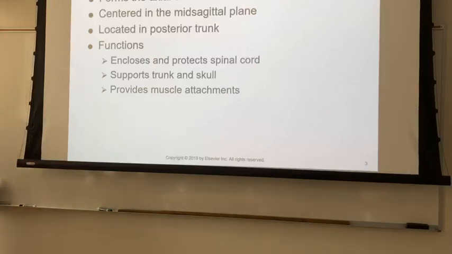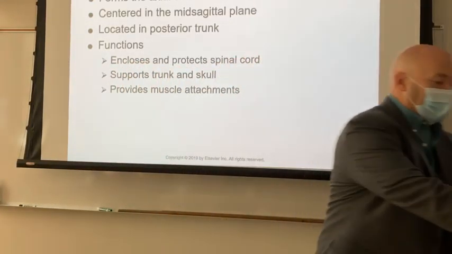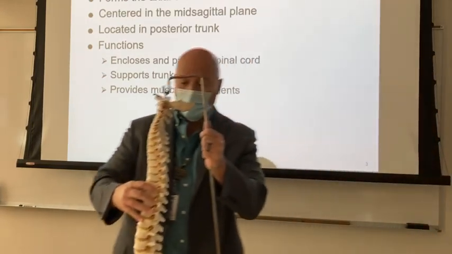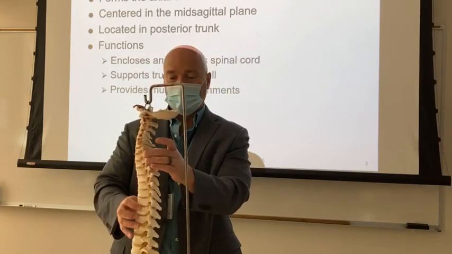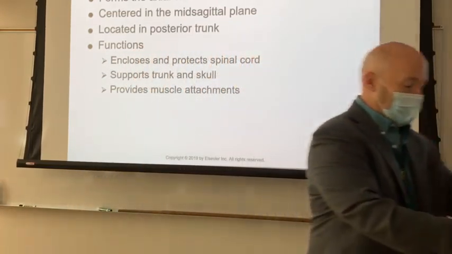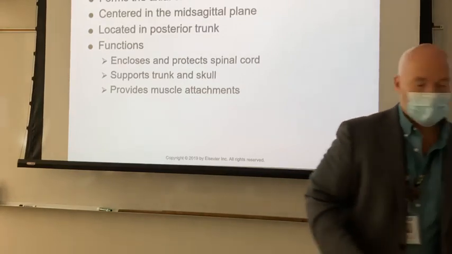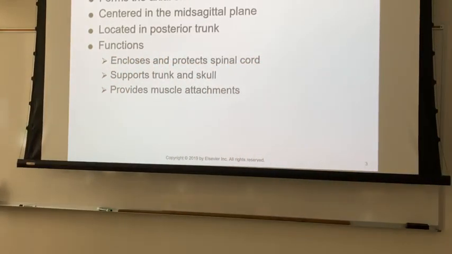It supports the trunk and the skull, and then it provides attachment for muscles, which is what all of these projections off the posterior portion of the spine are all about. These things that stick off to the side here, and the things that stick off to the back here, are just muscular attachments. And we'll talk about the significance of every one of those in the anatomy portion.